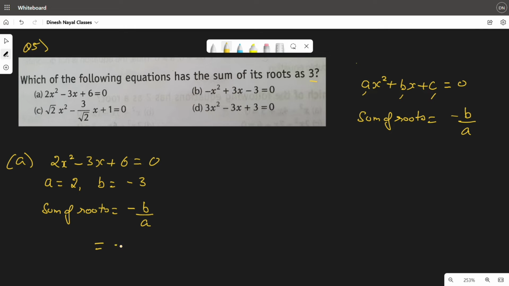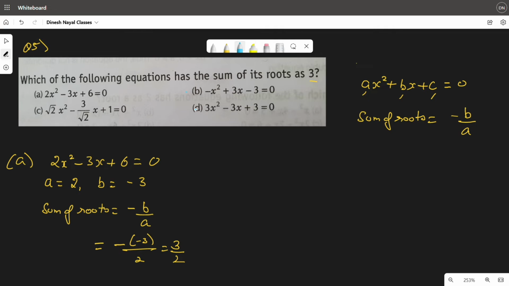Substituting the values, minus b is minus of minus 3, this is 2, so minus minus becomes plus, this is 3 by 2. Hence this is not our answer, because we need the sum of roots as 3.